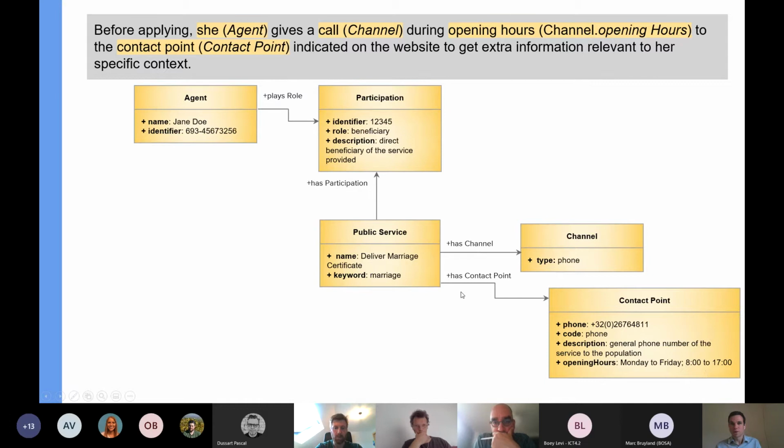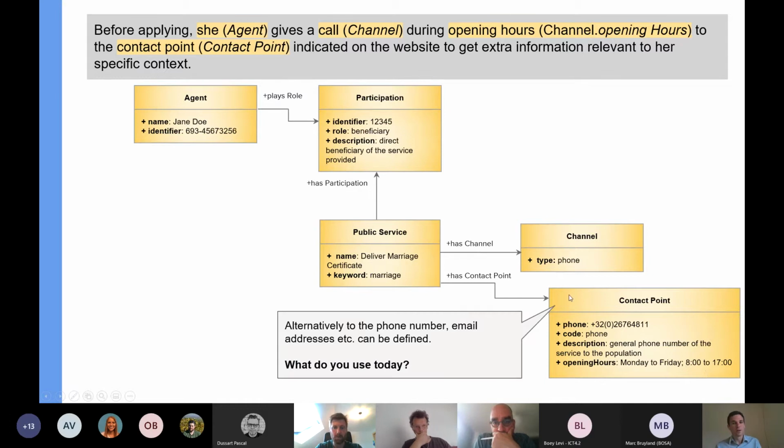Yep, I think that's straightforward. The question is, do you model today, or do you use various types of contact points? And if yes, what do we need to capture within a Belgian level?